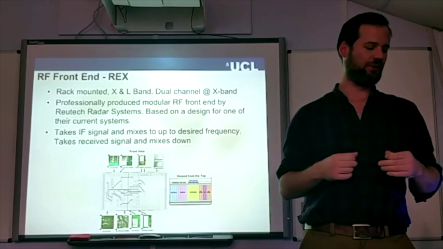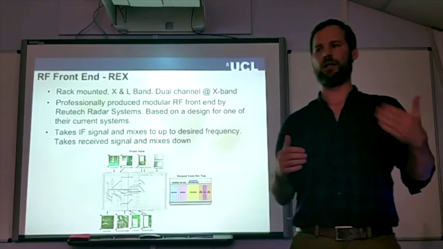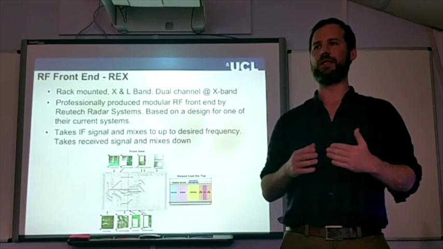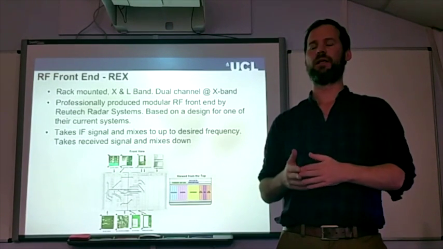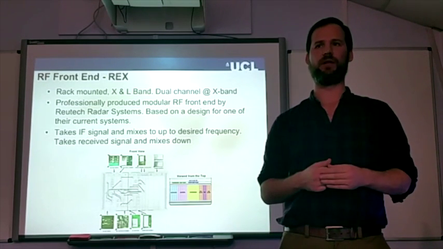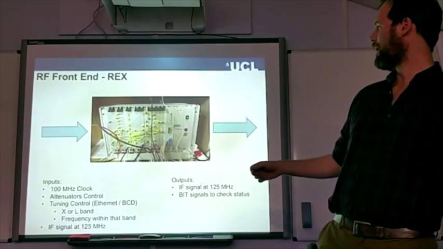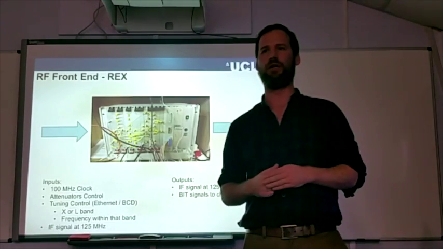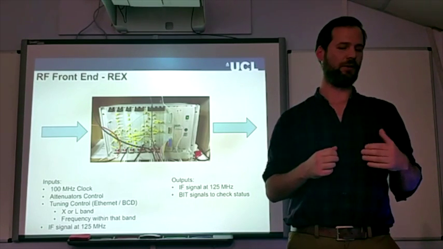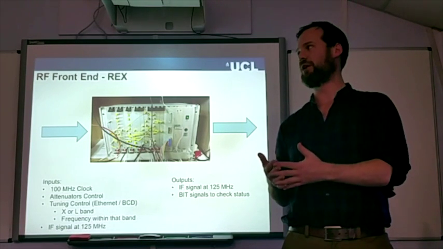That system is a rack-mounted unit that mixes our signals from the given IF frequency, which is 125 megahertz, up to either X or L band, and then there's our receiver, and mixes that down to the same IF level, which is 125 megahertz. There's some block diagrams of it here, and then here's an image of it on the shelf in the University of Cape Town laboratory.